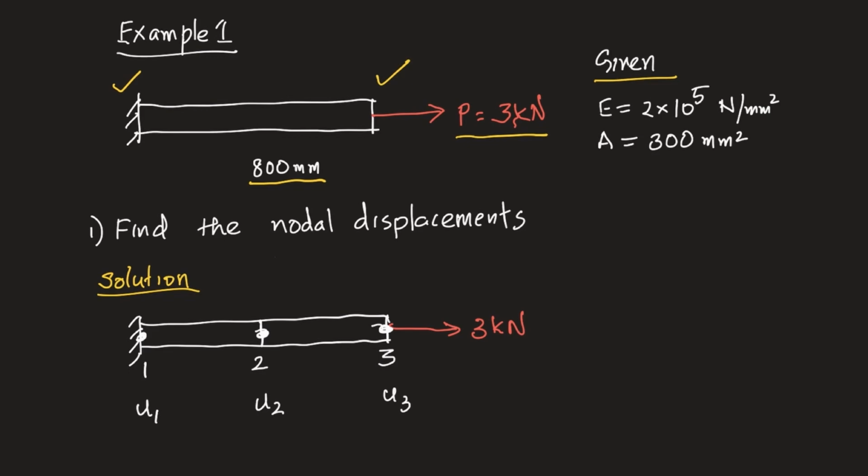Now if we see the condition at the boundary, at node 1 we know it is fixed, so the displacement u1 is equal to 0. Since the total length is 800 millimeters, the length of each element is equal to 400 millimeters.